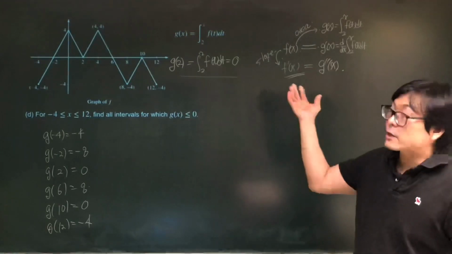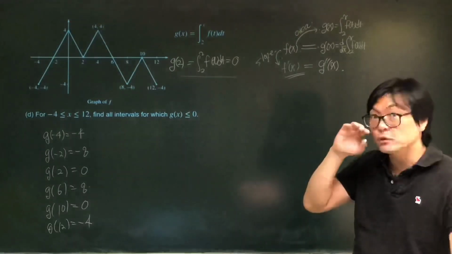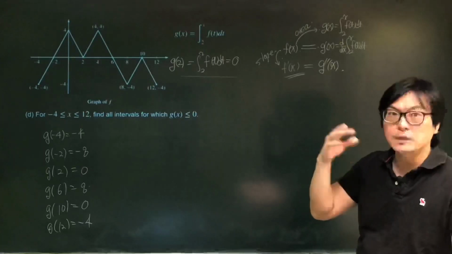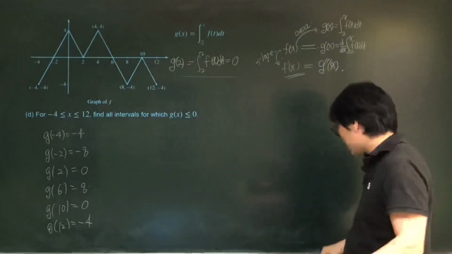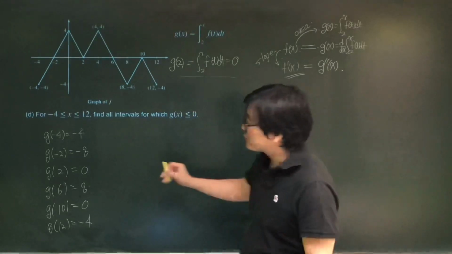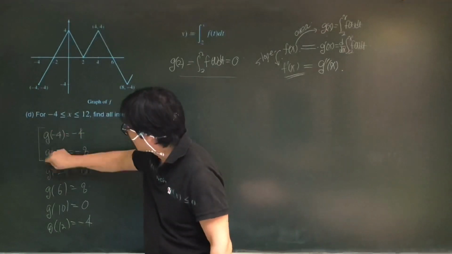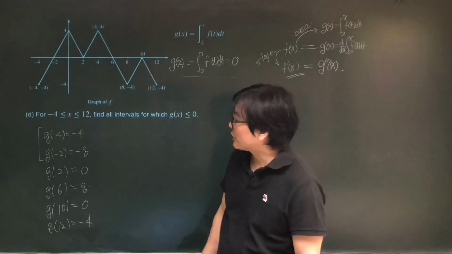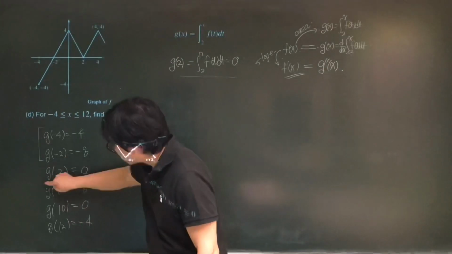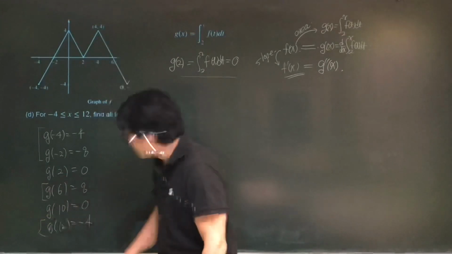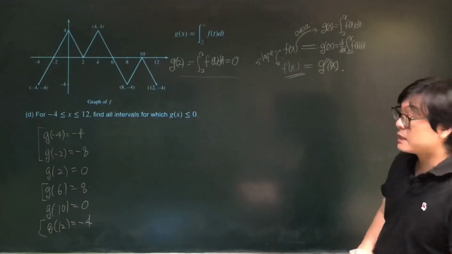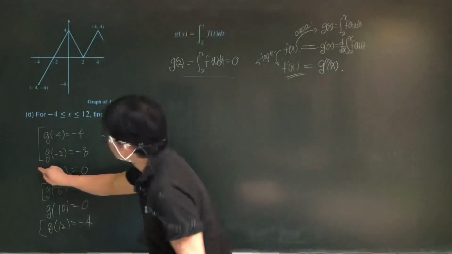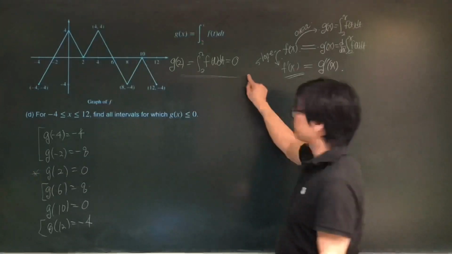Okay, when we examined the absolute maximum and absolute minimum on C, we got almost every value of g of x for the special points. So from C, we found the values at negative 4 and negative 2, and g at 12. These are the points that we found from C. And this one is already found from here.